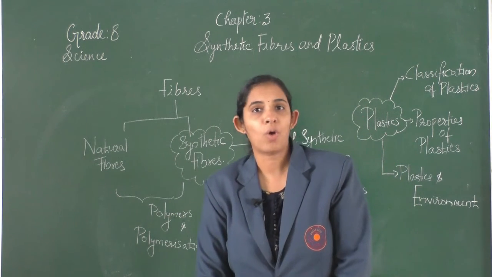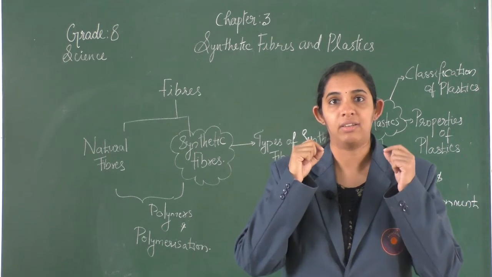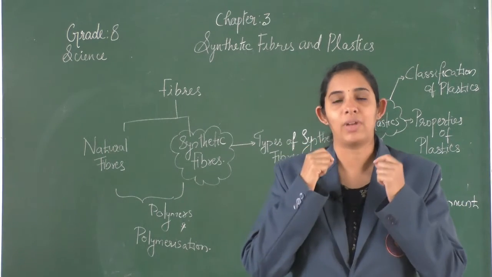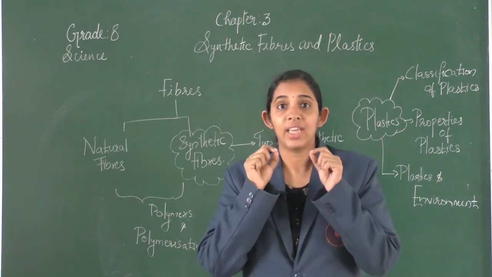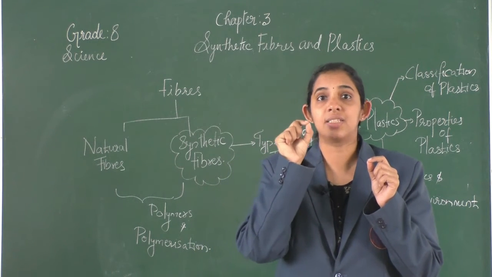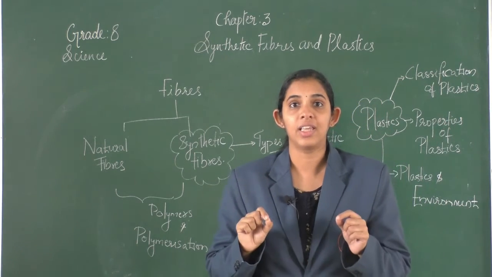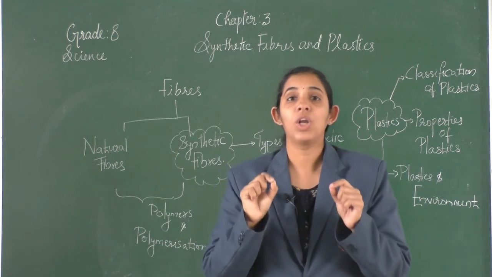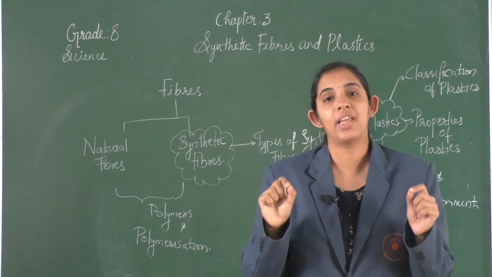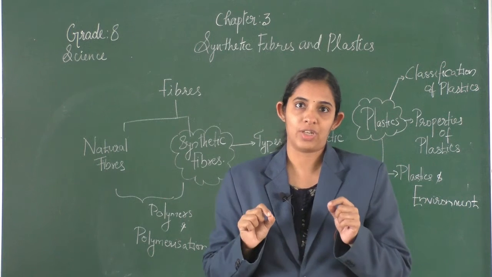So what are polymers? You might be all familiar with the chain of beads that you wear normally. The chain is made up of single beads. Each bead is joined to form a long chain. Similarly, polymers are very long chains of molecules which are similar in structure.